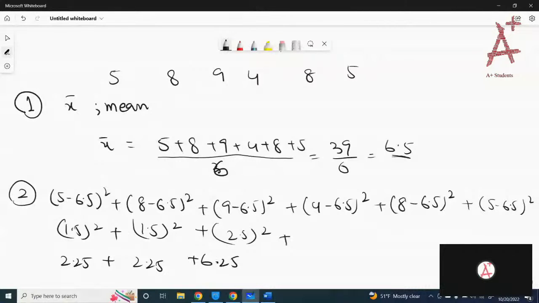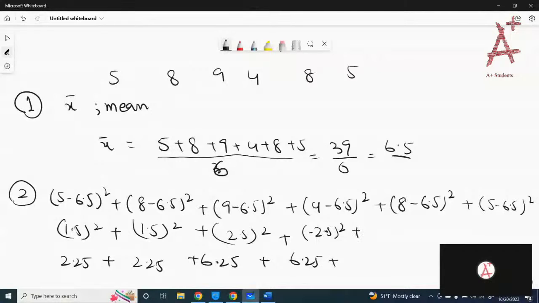Then 4 minus 6.5 is negative 2.5, and negative 2.5 squared is a positive number, so 2.5 squared is 6.25 again. Got it?